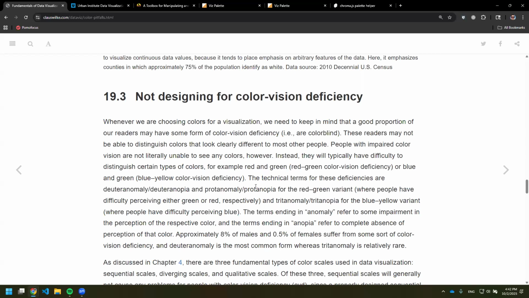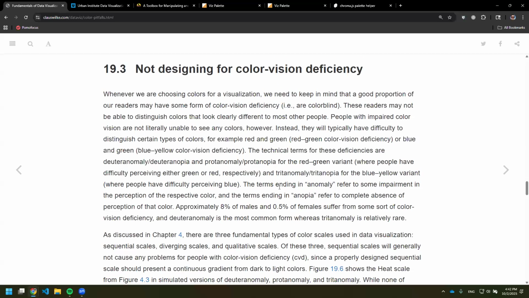So an inability to discern between different hues of color. Why does that matter? That matters because if you're using color gradients or other kinds of, if you're mapping data values to color, if it turns out that those let's say two or three colors are not perceptually different for the person viewing the plot, then your encoding of data with color is useless for that population.